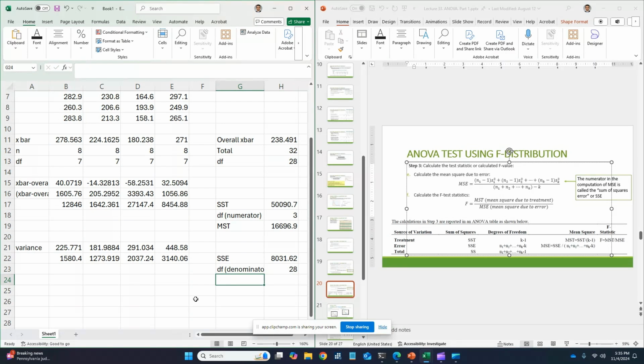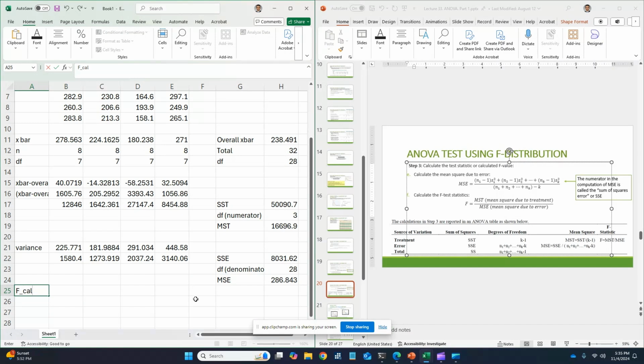Okay, now what is the ratio? What is the average mean square error? The average is when you divide total by the count. You get MSE equals 286.843.